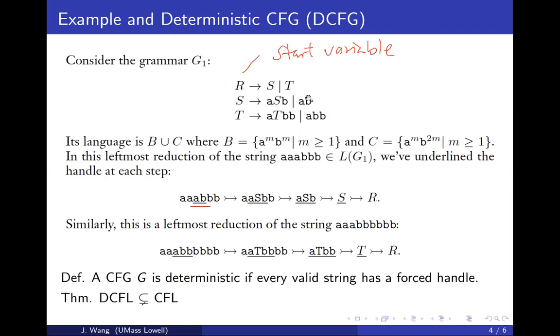If you choose AB, then you get down to ASB, because AB comes from S. You replace AB with S. From here, you only have one handle, which is the leftmost handle and also unique. The other option is that you choose ABB instead of AB. That explains that this is an ambiguous grammar.